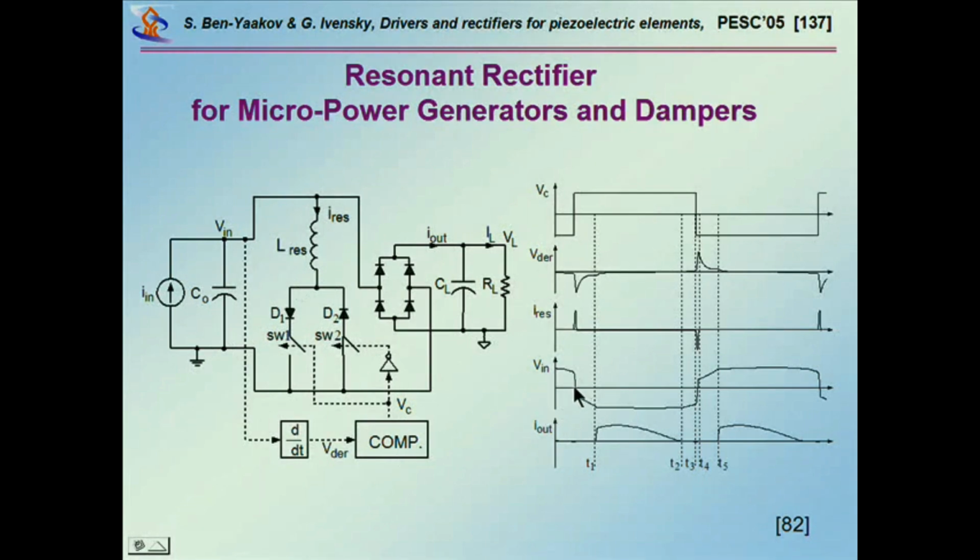So here we see it. As soon as the voltage started to change, this whole part was caused by the detector, and this is the resonant part, and this whole part was commutated by the resonant part.